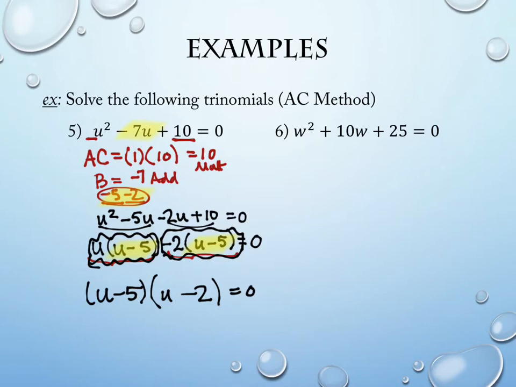I think it's worth noting, because I don't want you to think she's really just making us do a whole lot more work, that the negative 5 and the negative 2 are showing back up here again. That only happens here because the coefficient in front is a 1. When we get to our next problems, on Tuesday, there won't be a 1 at the beginning and it won't work out so pretty.